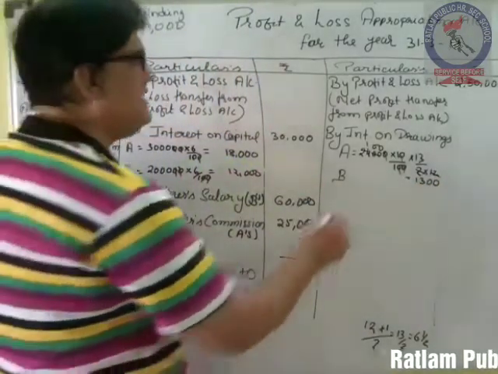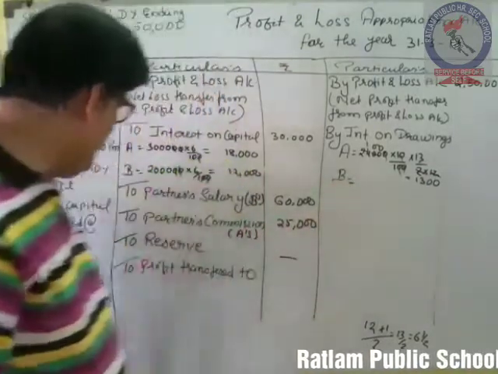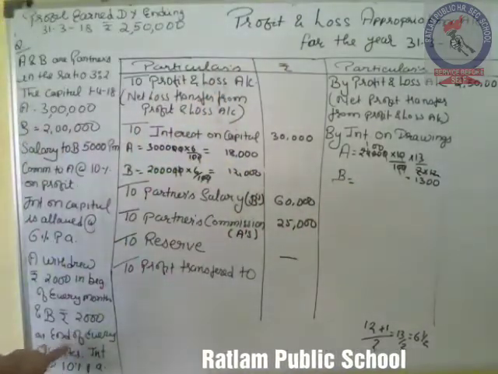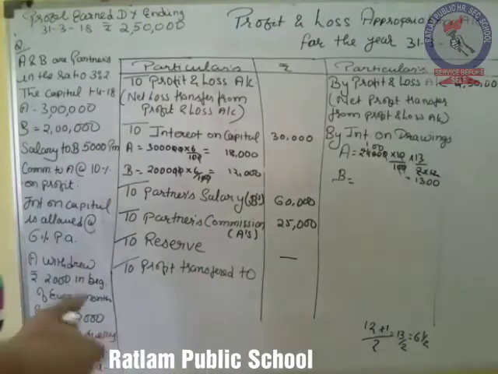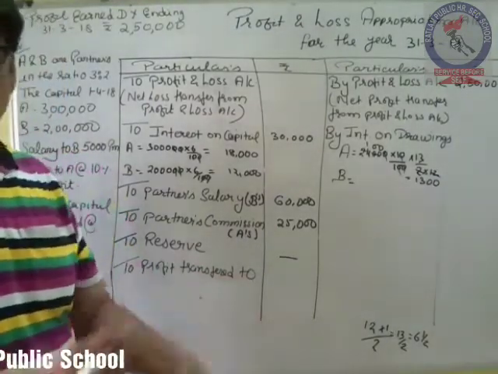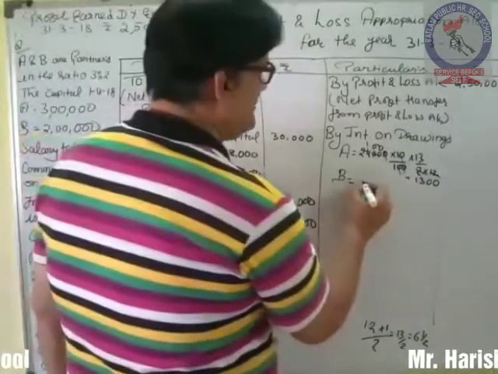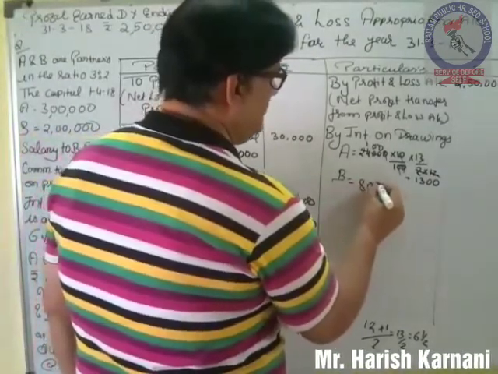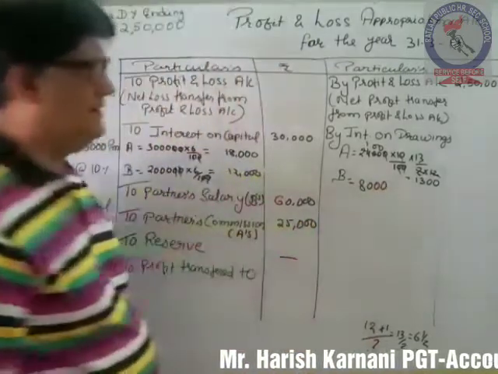In the same way for B, it is said that we have withdrawn 2000 at the end of every quarter. Every 3 months 2000 is withdrawn, so 4 times in the whole year, so the drawing for the whole year becomes 2000 into 4, that is 8000.